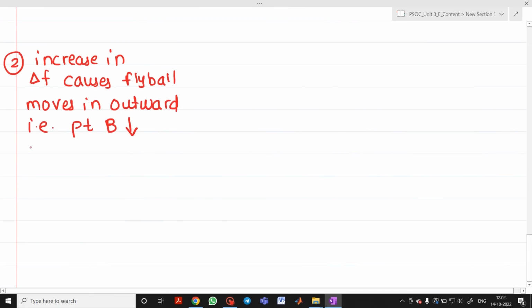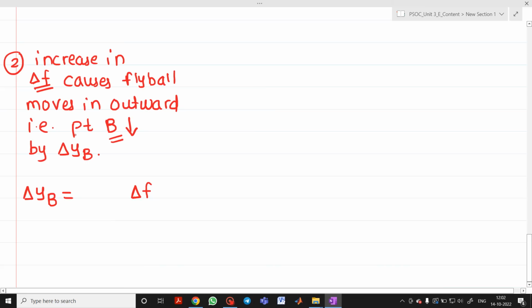By what amount will it move in the downward direction? Let's say it will move by delta YB. So there is a relationship between delta YB and delta F. By how much the frequency changes, by that much B will move either in the downward or upward direction.